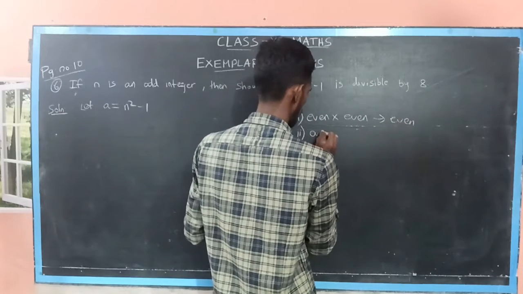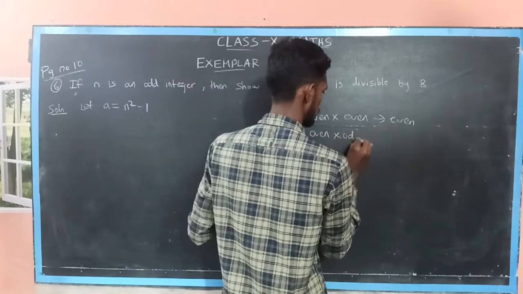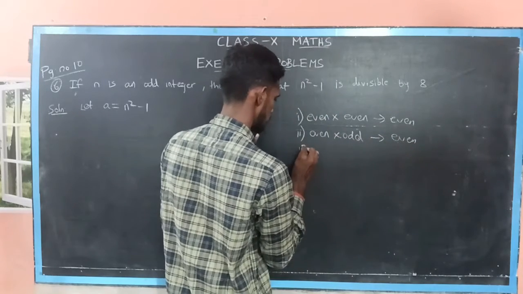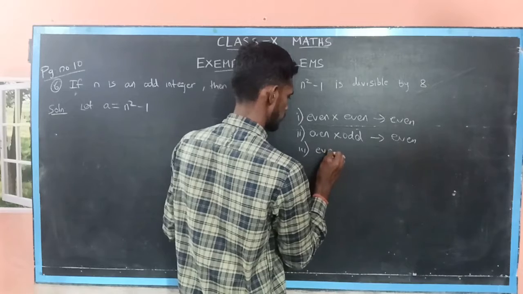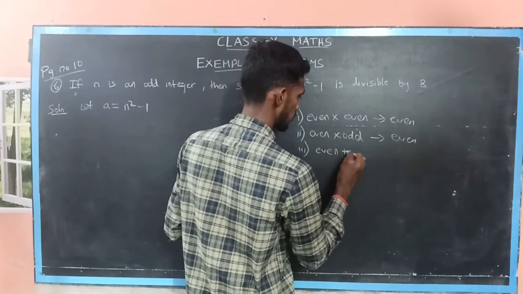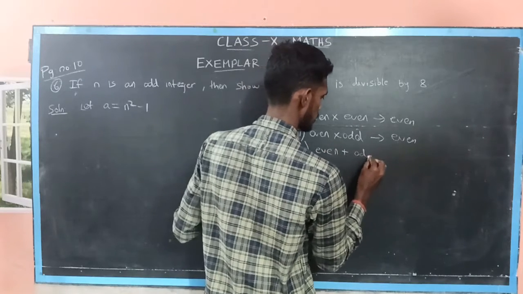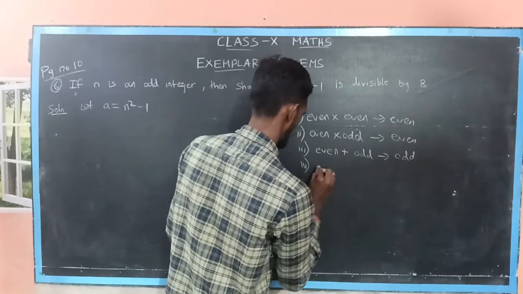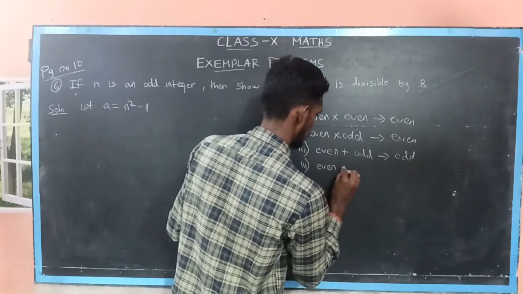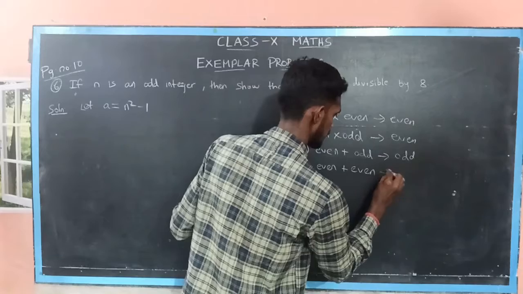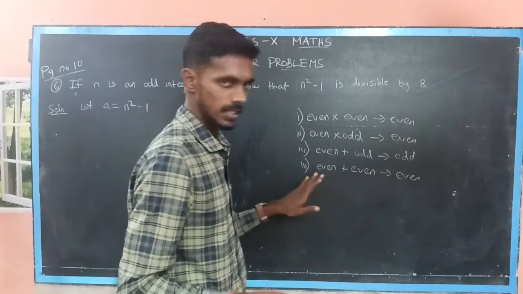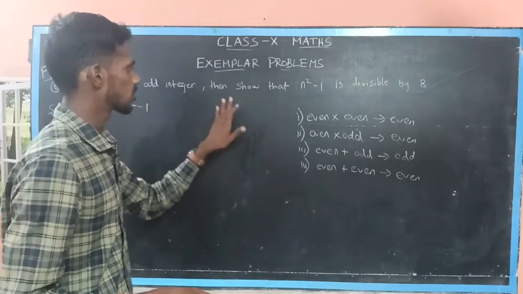The product of even and odd is even. The sum of even and odd is odd, and the sum of even and even is even.